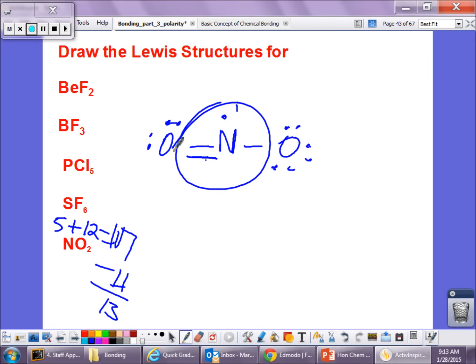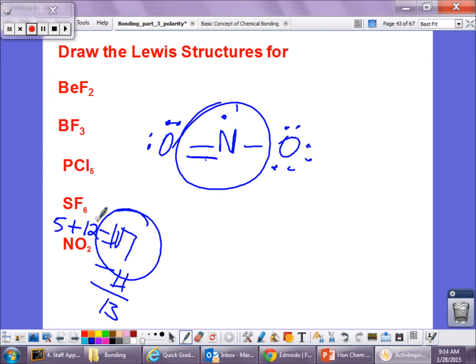Here's the other rule. When the total number of valence electrons is odd, you need to give the central atom as many as possible to get close to the octet, but it will not have that octet because it is odd.